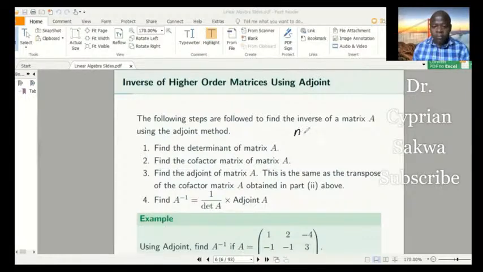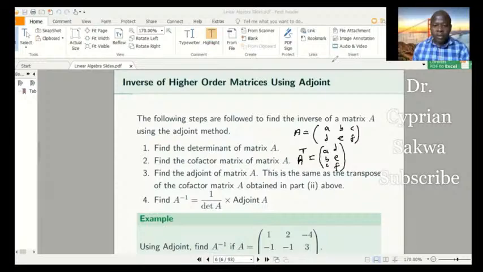So for example, if this is the matrix A, B, C, D, E, F, the transpose of A, which we denote as A transpose, will be the matrix you obtain when you make the first row be the first column, the second row be the second column, and so on. So this is the transpose of this matrix.